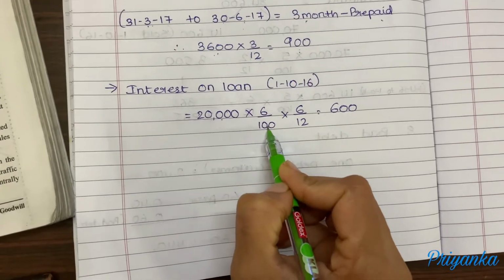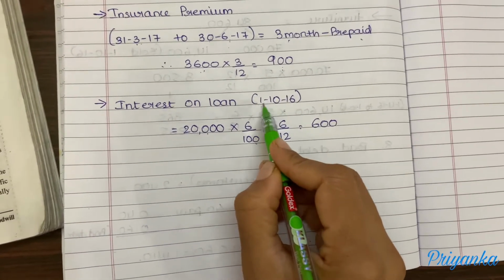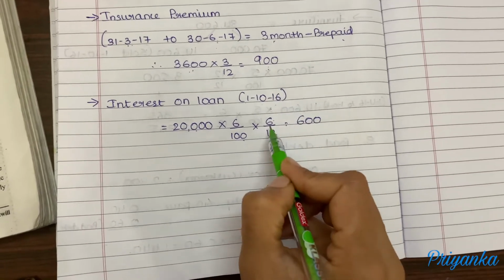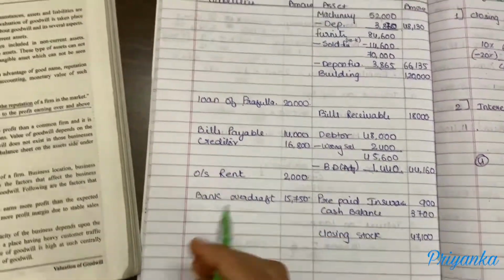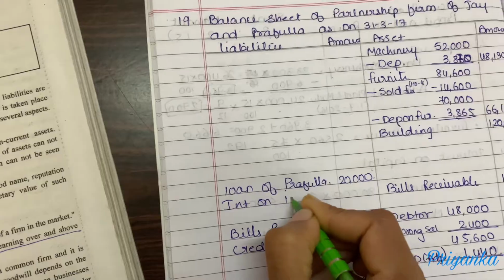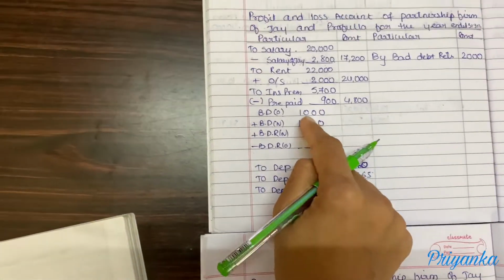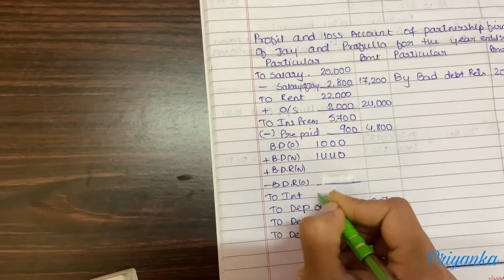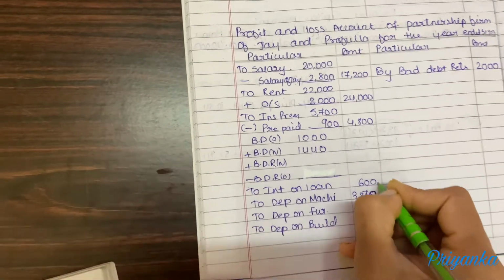As the interest rate is not given, we will assume it as 6%, and the date is given from 1/10/2016. So from there to 31st March, we'll count 6 months, and we get 600. So one entry will be written over here as interest on loan 600, and one will be written on the profit and loss debit side by writing interest on loan of rupees 600.